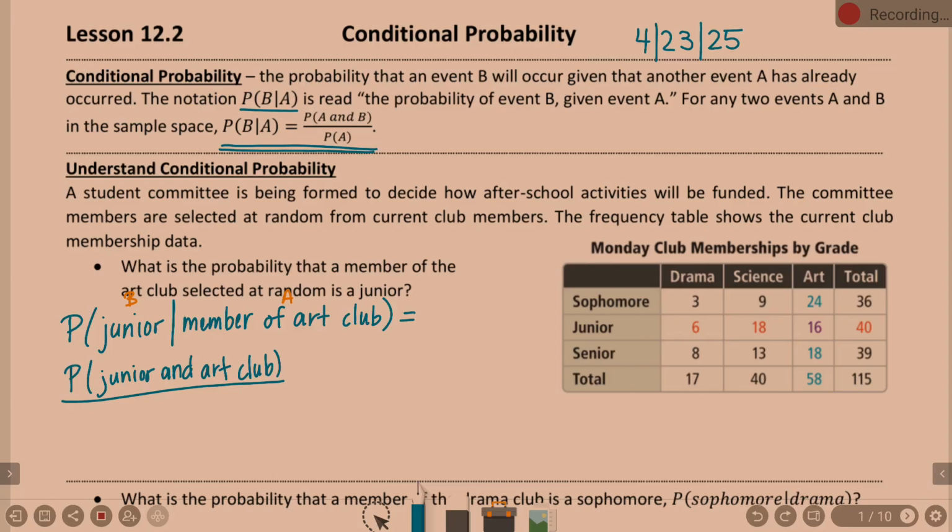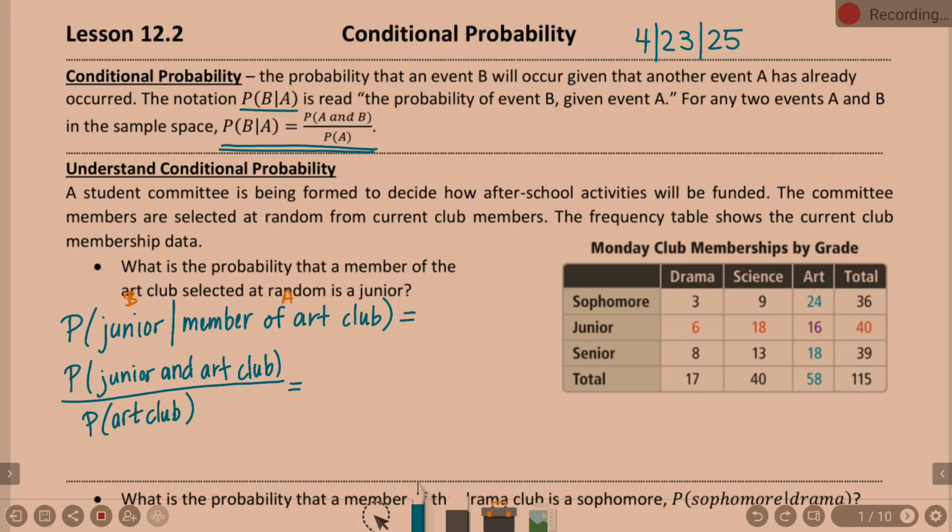A is your second piece, it's your condition. And in this case, the condition is a member of art club. Okay, that's the setup you're trying to fill in.